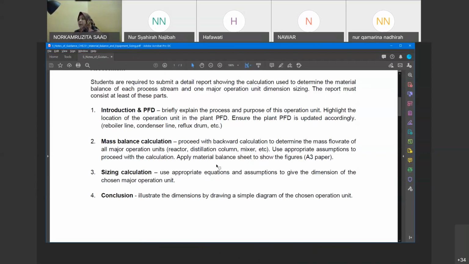Make appropriate assumptions, meaning what is the proper assumption to be made. As I said earlier, for example, we assume the purity of the product at the distillate is 90%.